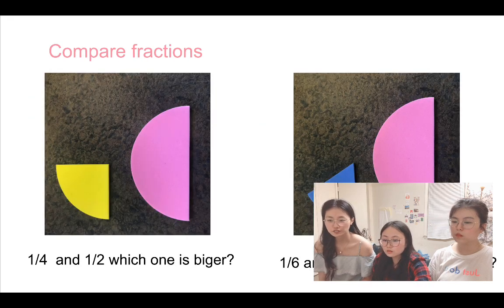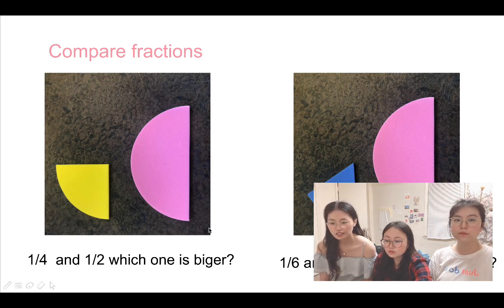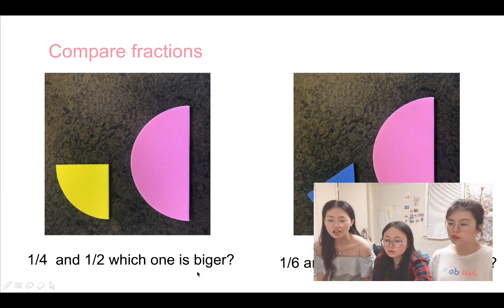And then I use the tools to let students compare fractions. Like this, 1 fourth and 1 second, which one is bigger? The students can see the tools clearly because the second one is bigger than the first one.